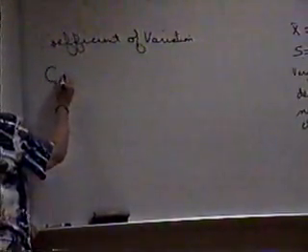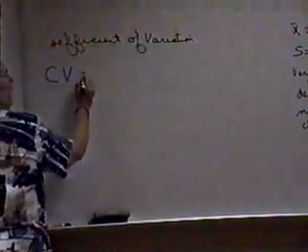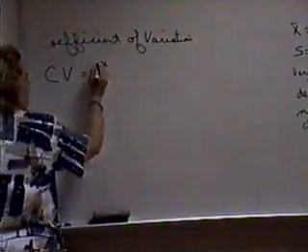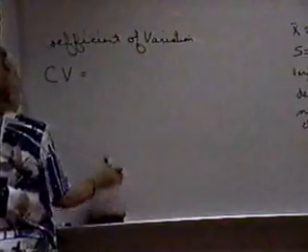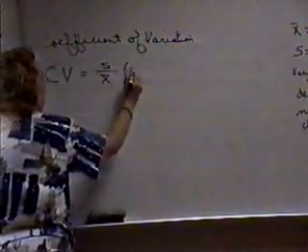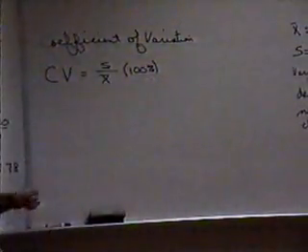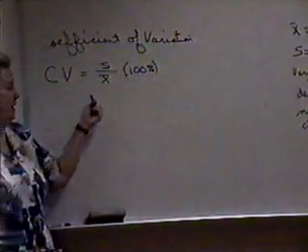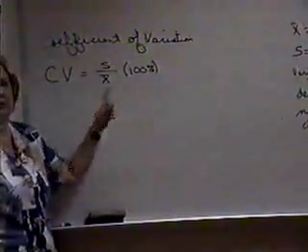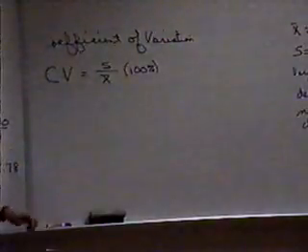Coefficient of variation is abbreviated capital C, capital V, and it is the standard deviation divided by the mean, and you make it a percent. To make it a percent, you either multiply by 100, or you can make it a percent by just moving your decimal and putting a percent sign. But it's the standard deviation divided by the mean.